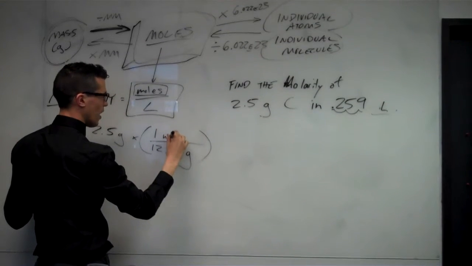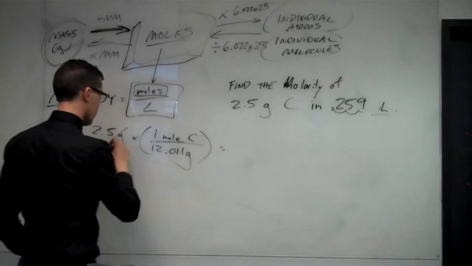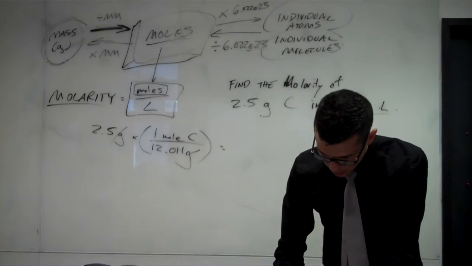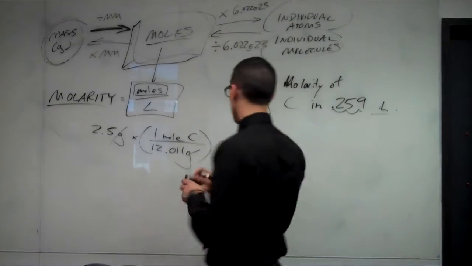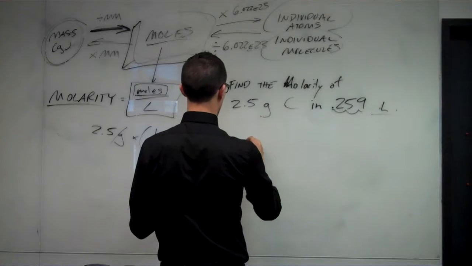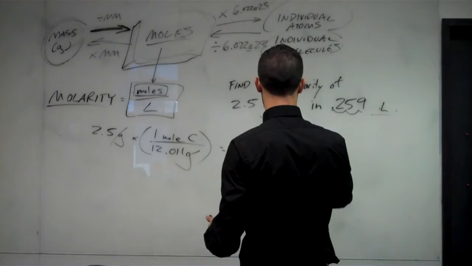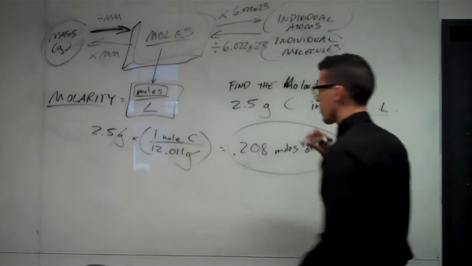Equal 1 mole. Yeah, very good. 1 mole of carbon. So this is going to give you 2.5 divided by 12.011. It's going to give you 0.208 moles of carbon. That's how many moles of carbon we've got.